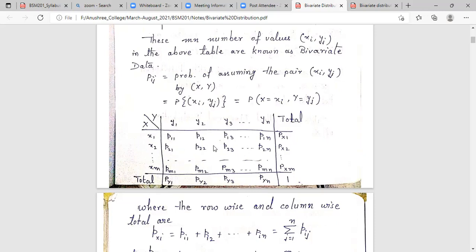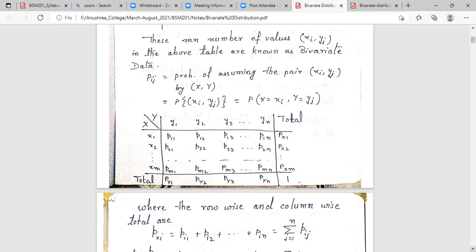So the sums of the rows of the table entries are taken on the extreme right-hand side: Px1, Px2, up to Pxm. And if I take the sum vertically according to the columns of y, that is P11, P21 up to Pm1, that will be Py1; P12, P22, up to Pm2 will be denoted as Py2. Likewise, it goes on vertically.